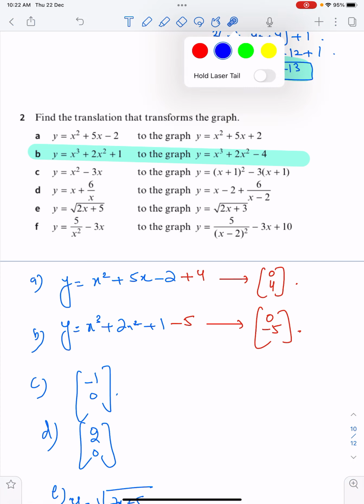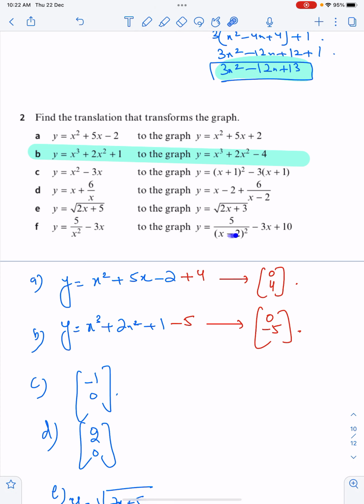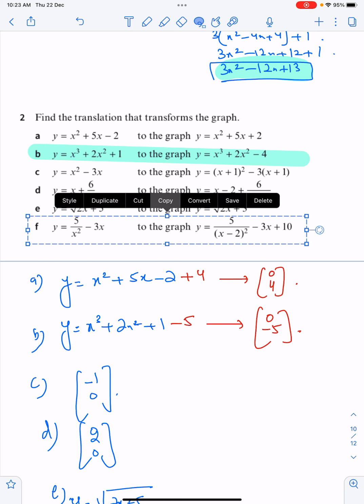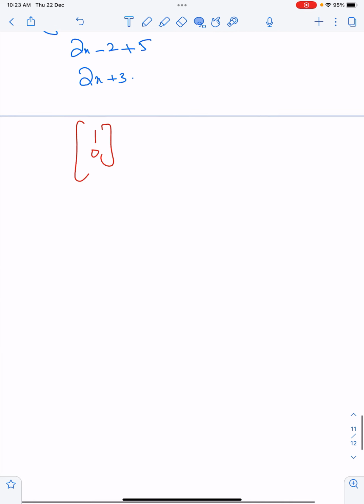If you observe this, in place of every x they have plugged in x minus 2. You can even check here. 3 into x minus 2 is going to give us, okay, I am just copying this down and then doing it. It shows that there is some horizontal as well as vertical movement in this part.